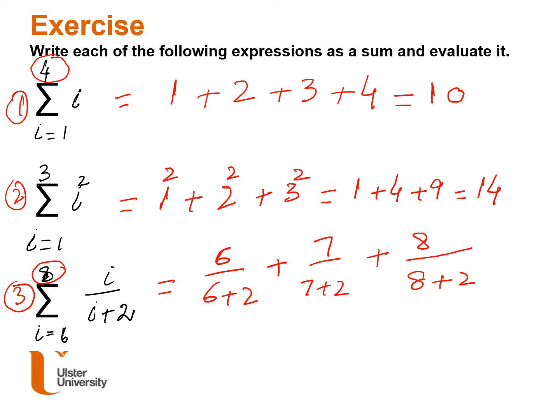We can simplify that one: 6 over 6 plus 2 is 6 over 8, plus 7 over 7 plus 2 is 7 over 9, plus 8 over 8 plus 2 is 8 over 10. You can use a calculator to figure out the answer for this sum.